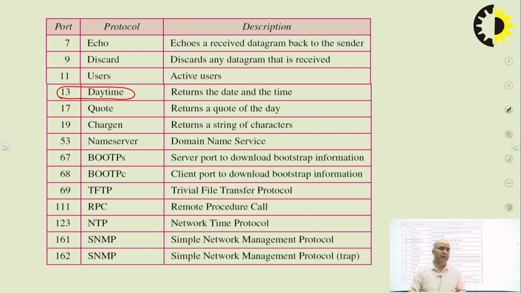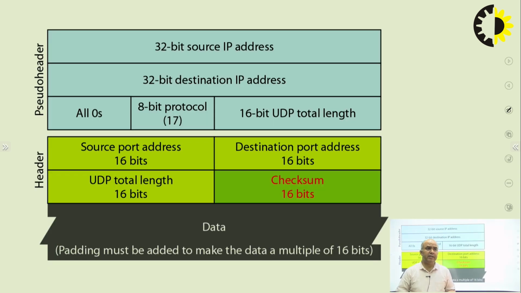The server will respond back. There are other port numbers which are used for sending data over the network in the transport layer by UDP. So, this is the header diagram of UDP.